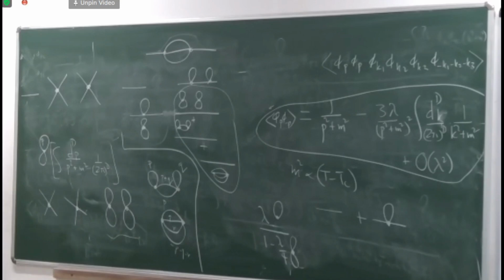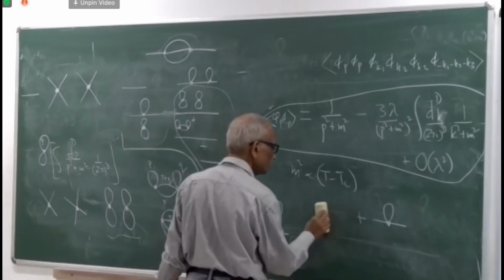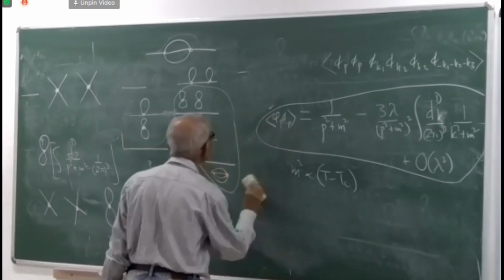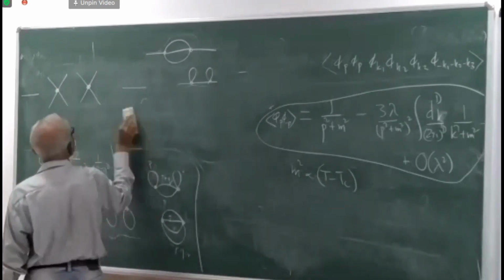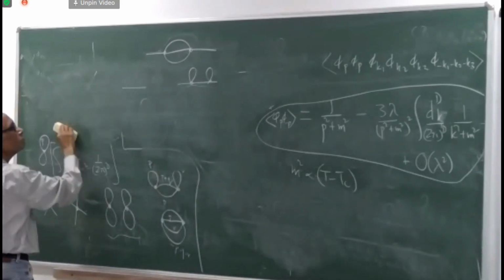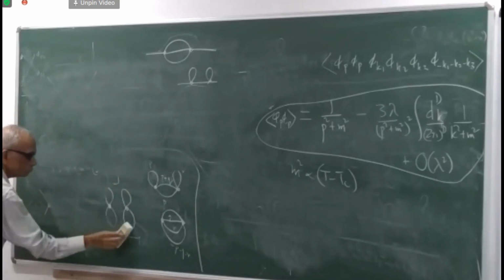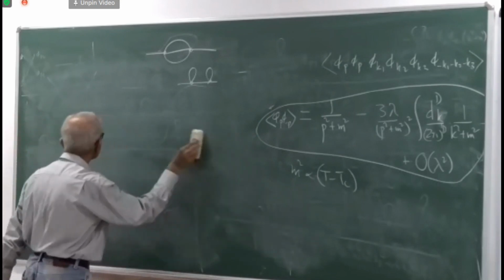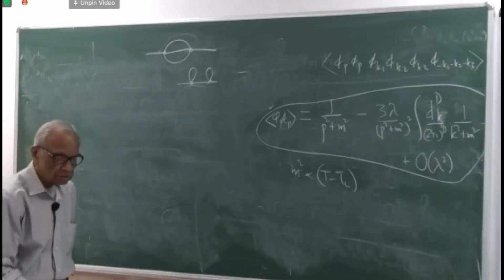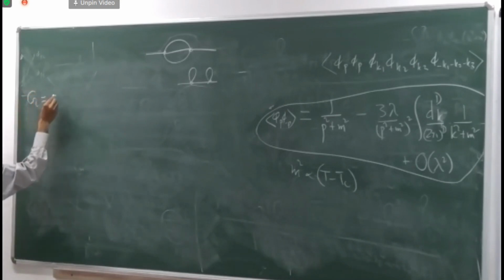And so you are left with, at the second order, perturbation theory for G, which is the propagator phi.